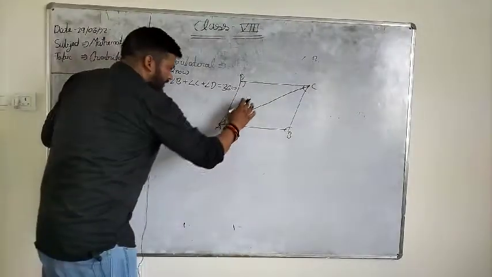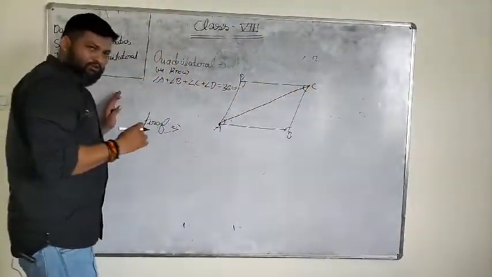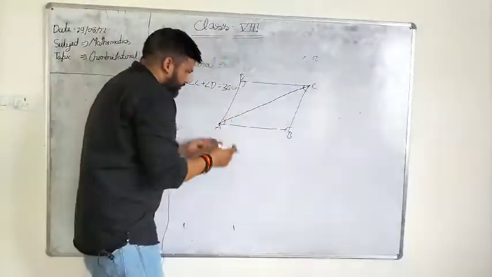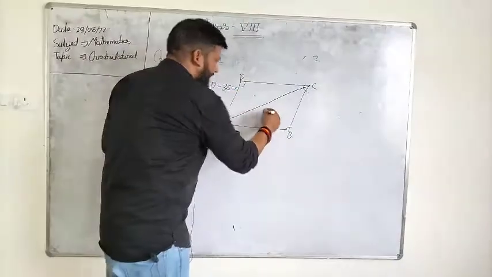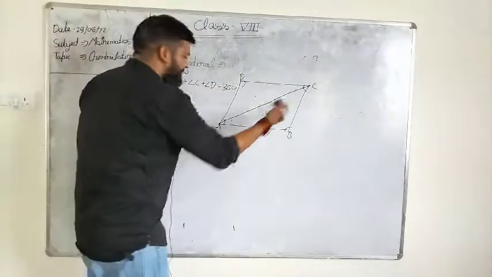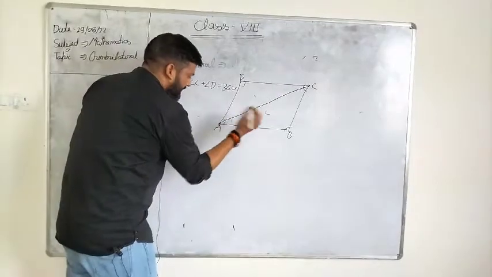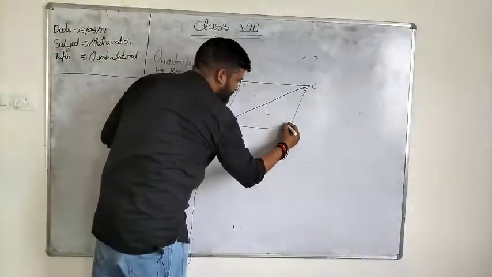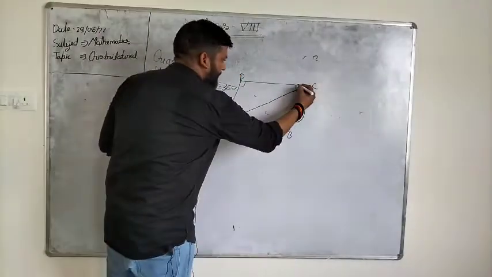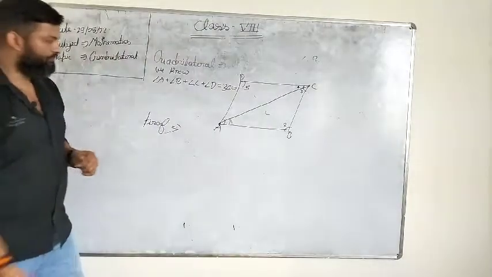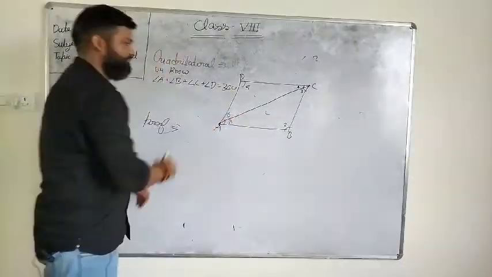Now when we join a diagonal in a quadrilateral, your figure is divided into two triangles. Now name the angles. This angle is 1, this is 2, this is 3, this is 4, this is 5. Is that clear? And this one is 6.